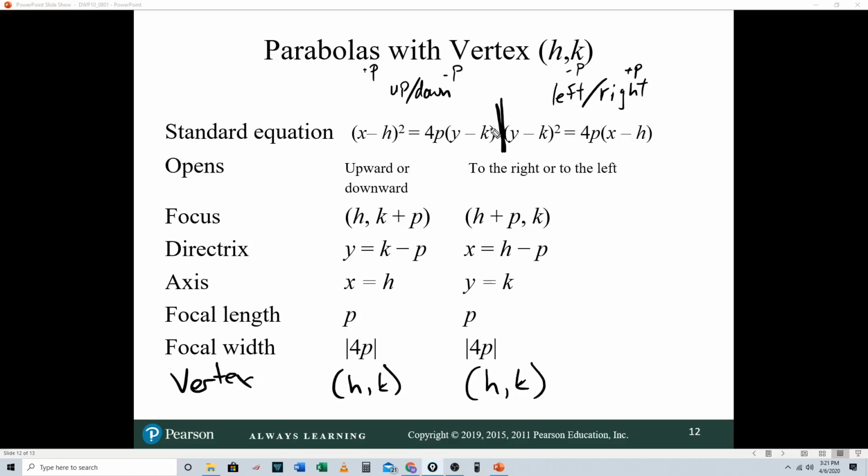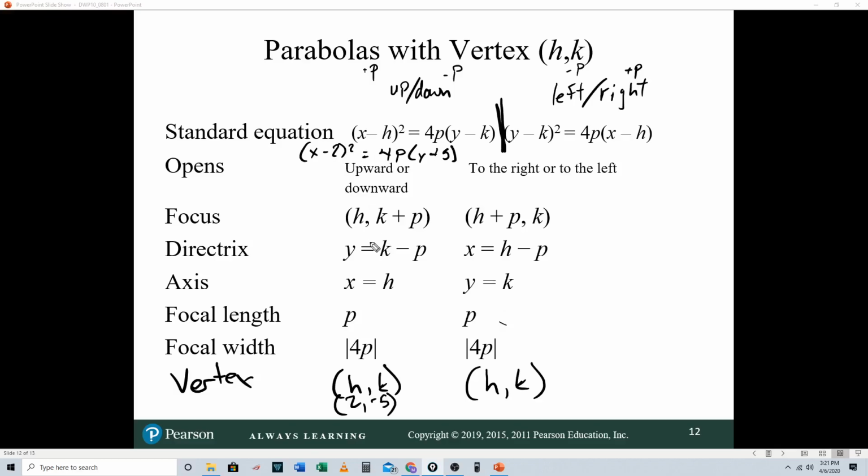So even though it's negative here, if it was, for example, (x minus 2) squared equals 4p, I'm not going to worry about p right now, (y plus 5), then it would be (2, negative 5) for my vertex. You just change the sign. Same thing down here. Make sure you change the signs.